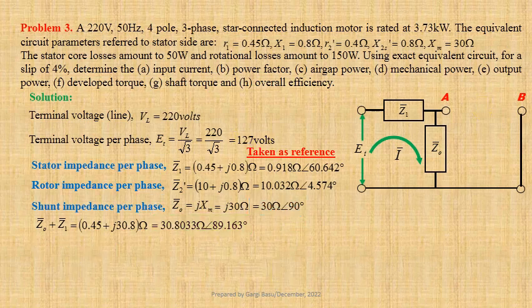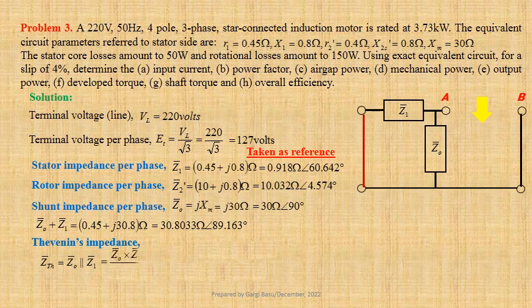To obtain Thevenin's impedance, let us short circuit the voltage source. Now the impedance as seen from terminals A and B gives us Thevenin's impedance. Z Thevenin equals Z0 parallel with Z1, that is equal to Z0 into Z1 divided by Z0 plus Z1.